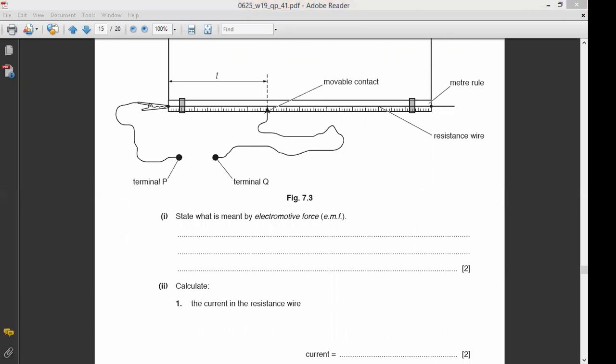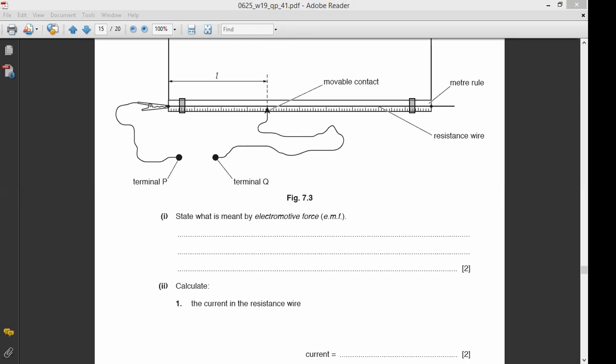Okay, please write this. Electromotive force is the work done, or the energy transferred, per unit charge to be transferred around a circuit.